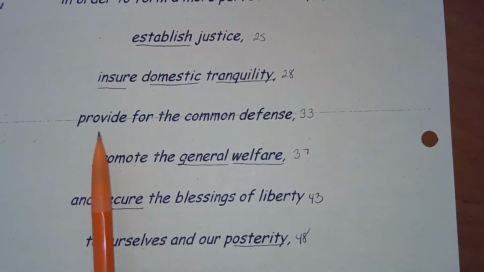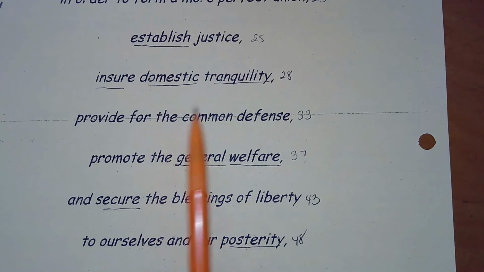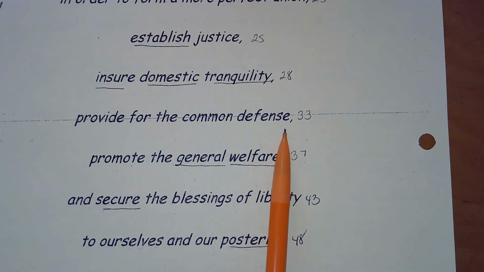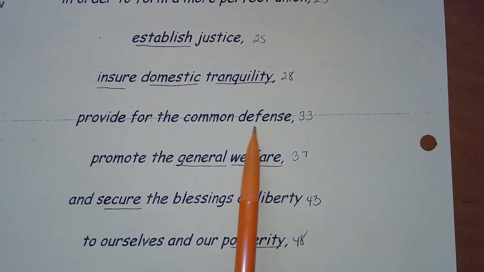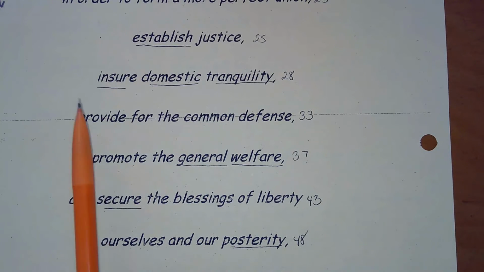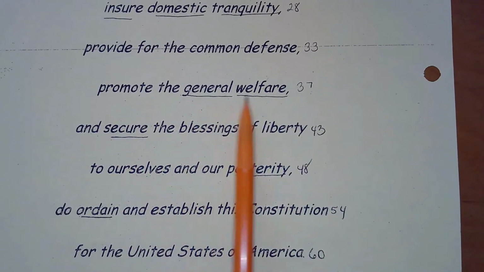Another reason for the Constitution, to provide for the common, everybody all together, defense, so that if we are attacked, we can defend ourselves. And so this will be the defense of all the states, to provide for the common defense.